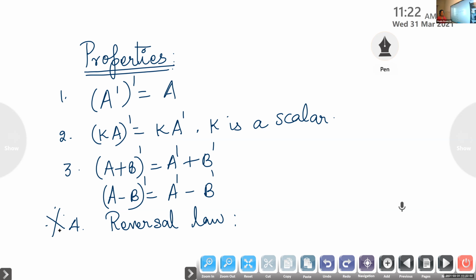Reversal law, that is, A B the whole dash is equal to, if we take the product and then the transpose, it will be the same as B dash into A dash. A B the whole dash is equal to B dash into A dash.